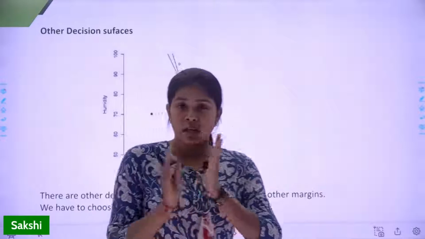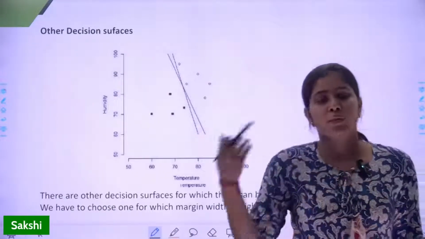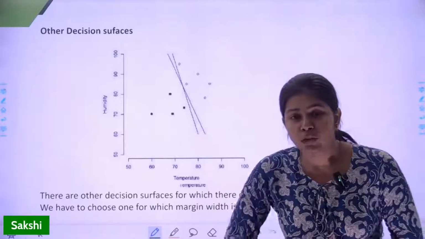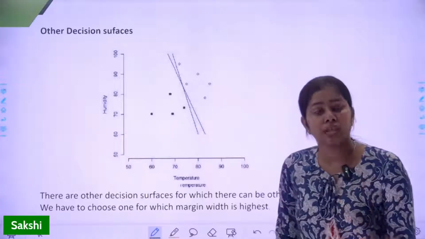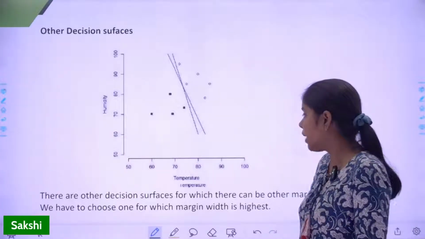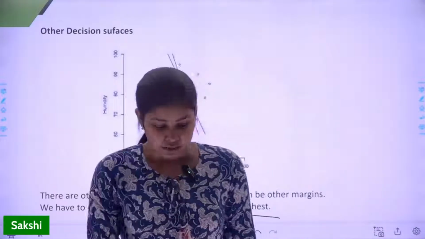After shifting, we get equal distance from the negative points and from the positive points, and I am going to take the decision boundary, the decision surface, which gives me the maximum margin width.